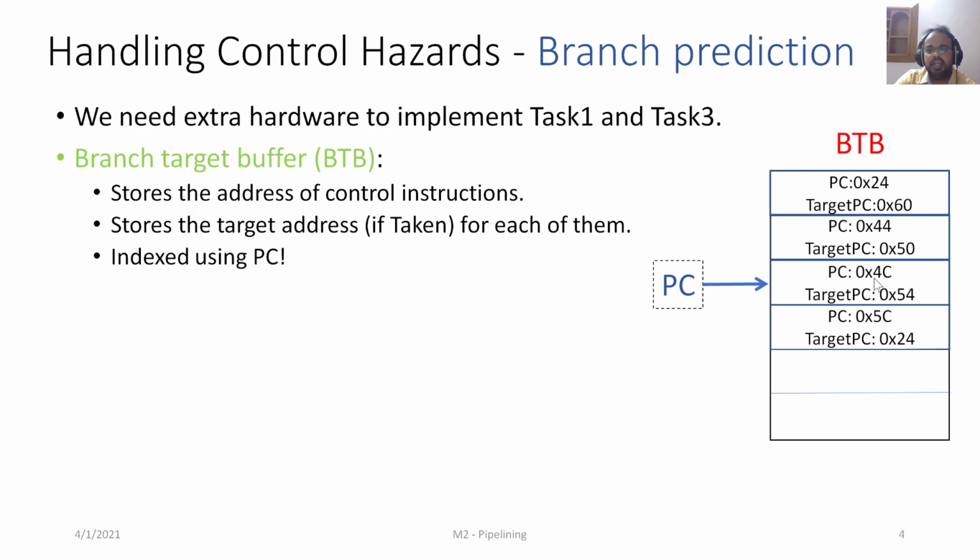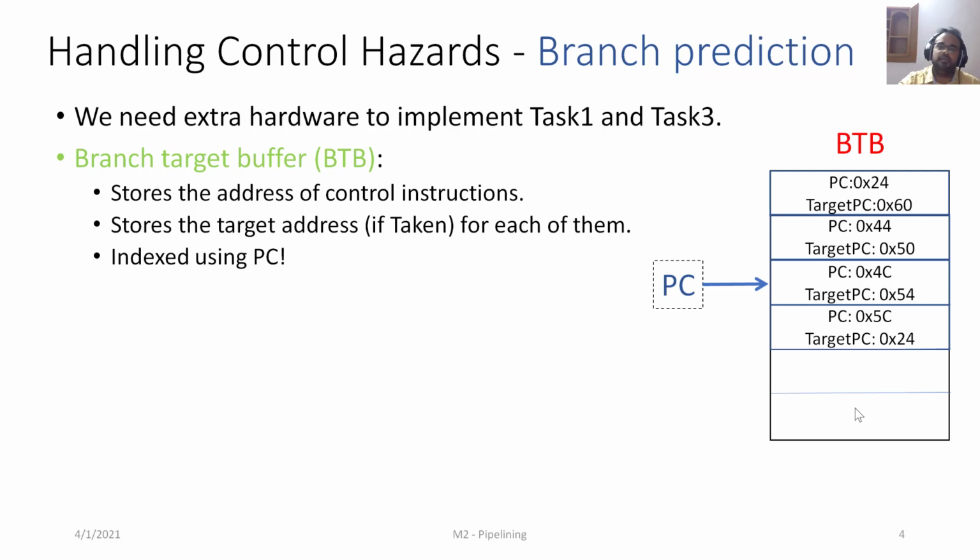The first JAL instruction we saw, its PC is 0x4C and its target is 0x54. And the last control instruction was again JAL. Its PC is 0x5C and target PC is 0x24. So these would be the entries in the BTB as we keep executing that particular program.